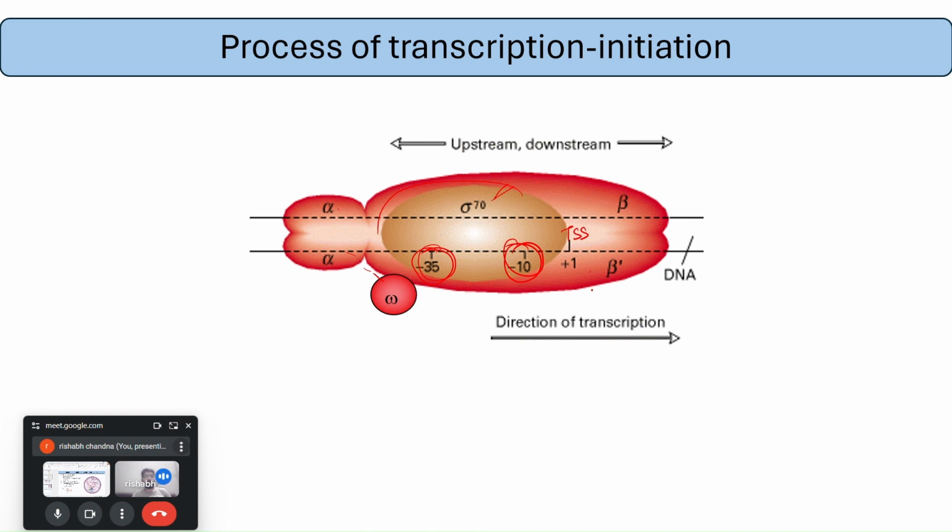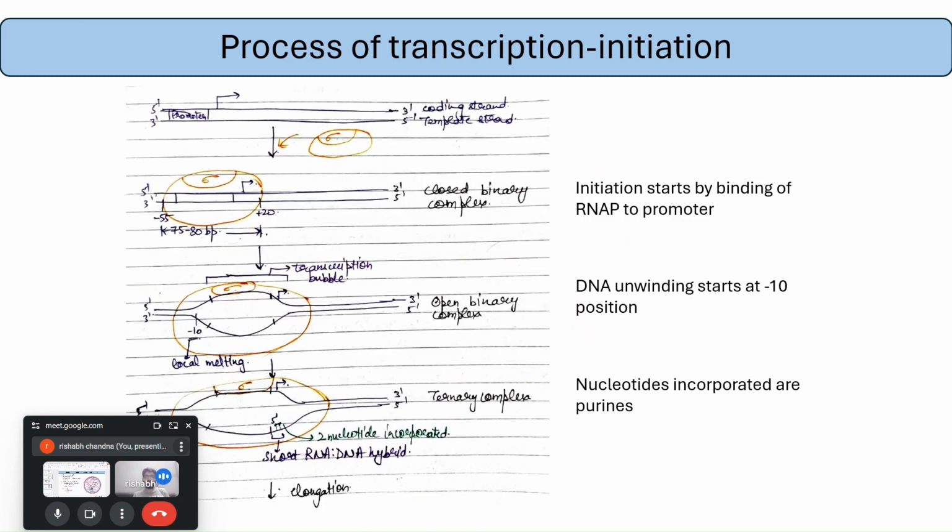Now, moving on to the initiation. This particular orange thing is the RNA polymerase with the sigma subunit, and when it binds to the promoter, it occupies 75 to 80 base pairs, that is the region from minus 55 to plus 20.